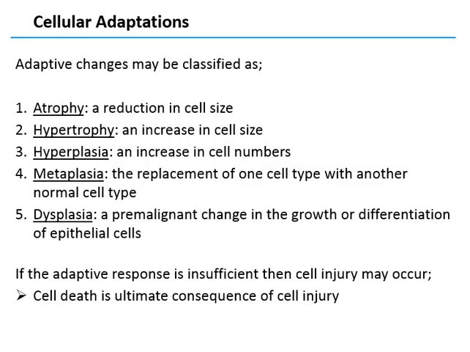There are a number of ways that cells can adapt to altered demands or stress. Firstly, we have atrophy, a reduction in cell size. Hypertrophy, an increase in cell size. Hyperplasia is where there is an increase in cell numbers. Metaplasia is where one normal cell type is replaced with another normal cell type. Metaplasia comes from the Greek word denoting change in form.